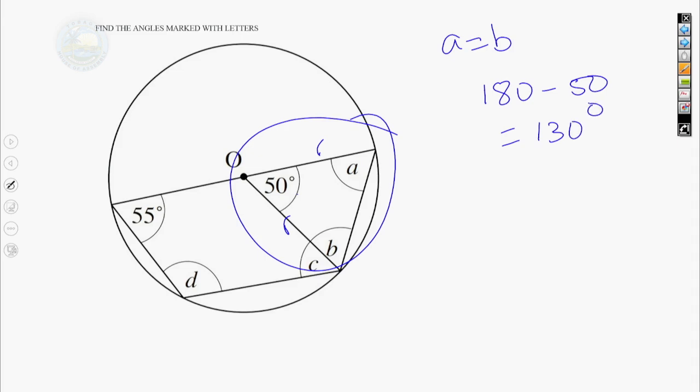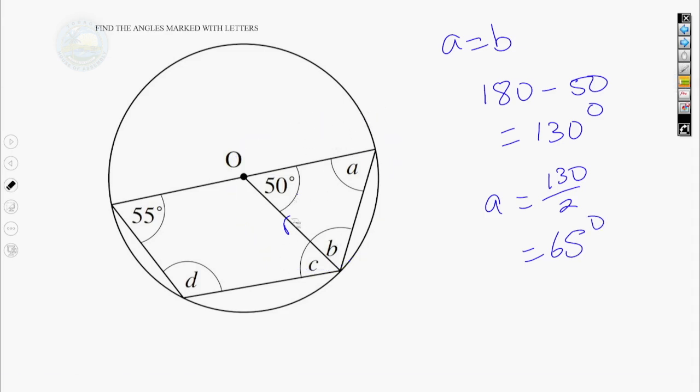So that means that A will be a half of 130, which is 65 degrees. So here we've solved that one already, and we know that here is 65 degrees, and also here is 65 degrees.